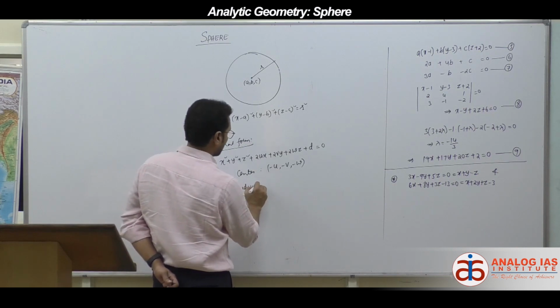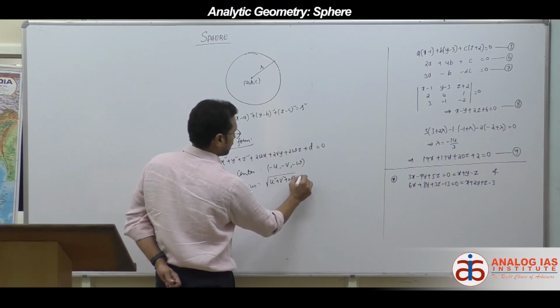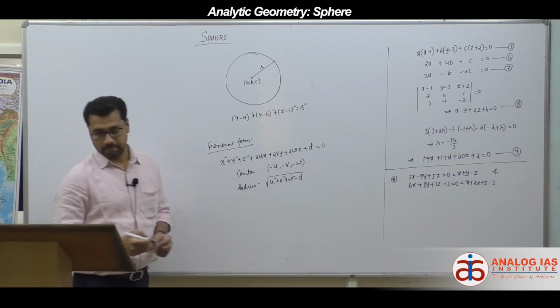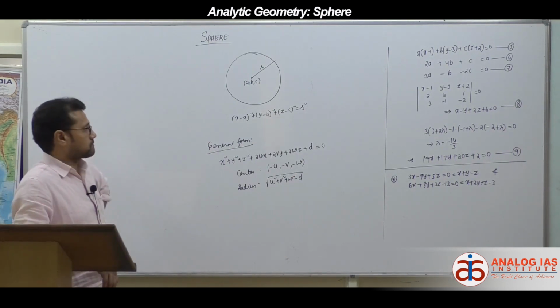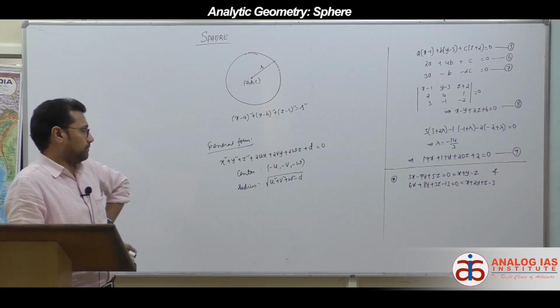Radius is the square root of u square plus v square plus w square minus d.